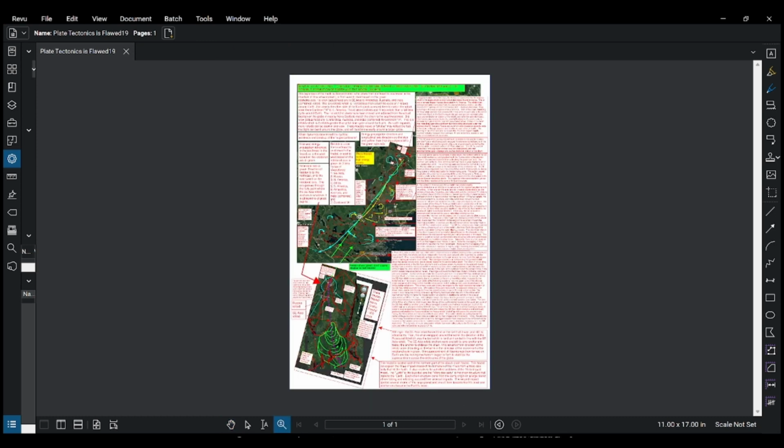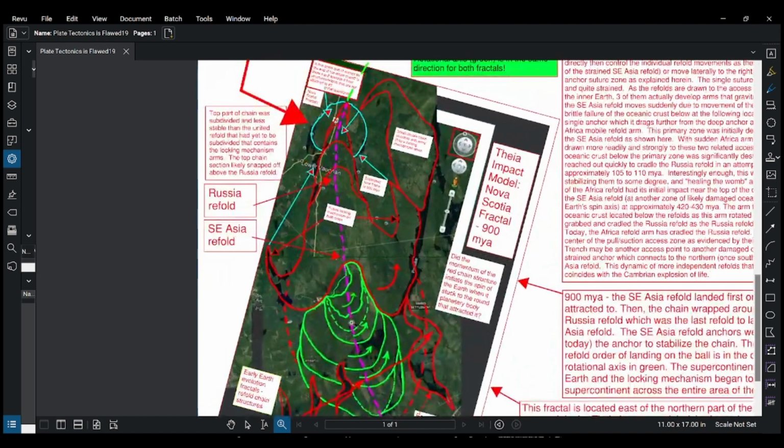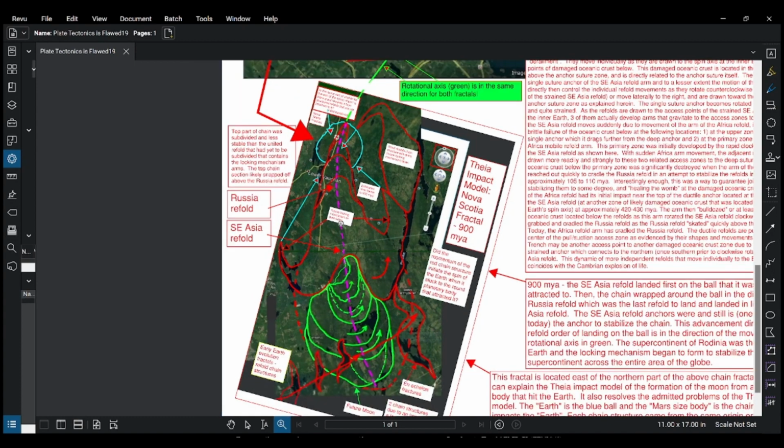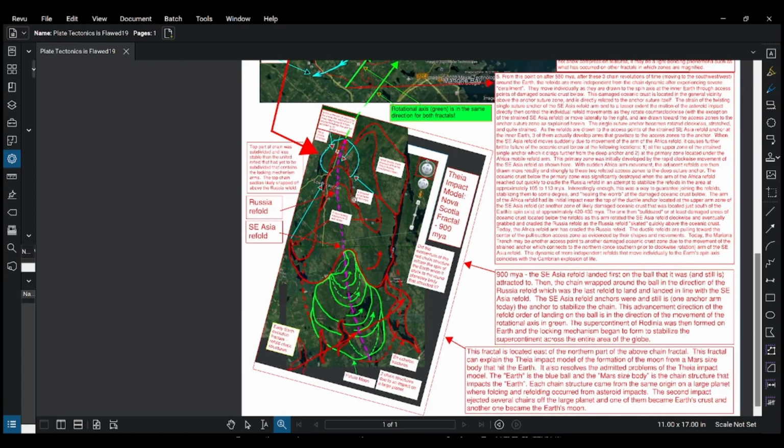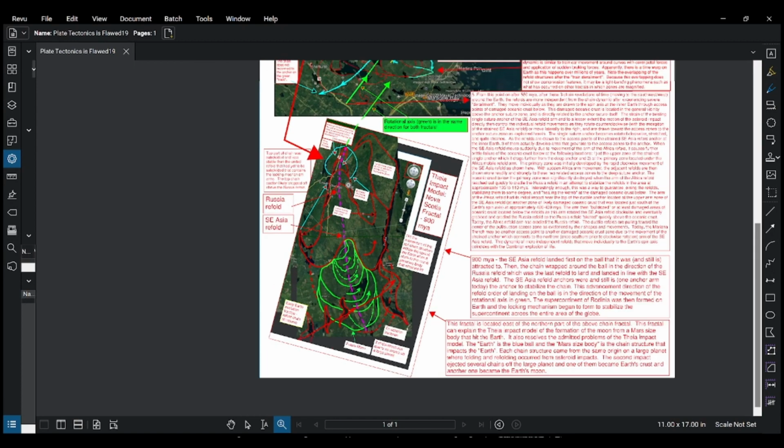Okay, I know this is busy looking here. Lots of words. Basically, I'm going to try to get through this. I talked about this. This is Rodinia, a fractal in Nova Scotia, when it's releasing the moon, and the moon's in orbit around the inner Earth. Obviously, the moon is still in orbit around the Earth today.